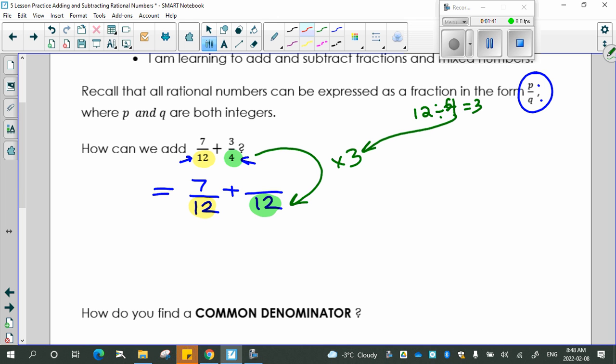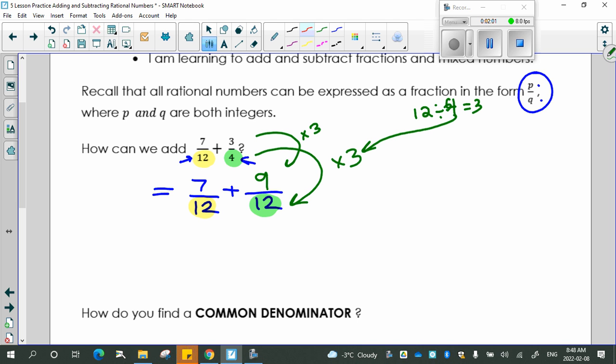Okay? To make an equivalent fraction, whatever I did to the bottom, I also have to do to the top. So what is 3 times 3? 9. So when I change the denominator, I have to change the numerator by the same multiple. Does that make sense to everybody?